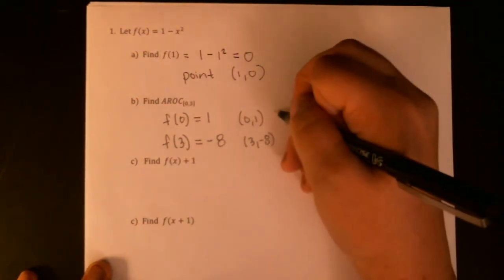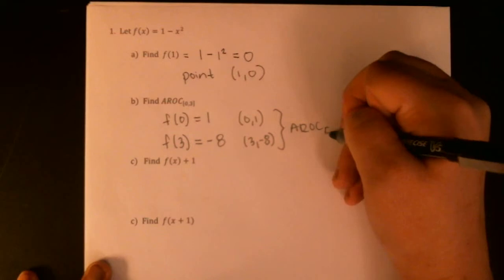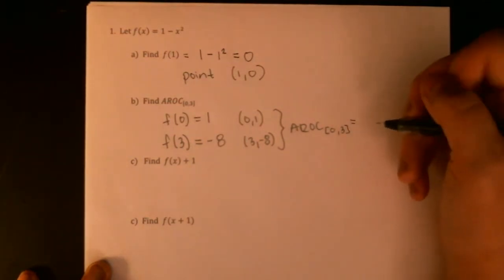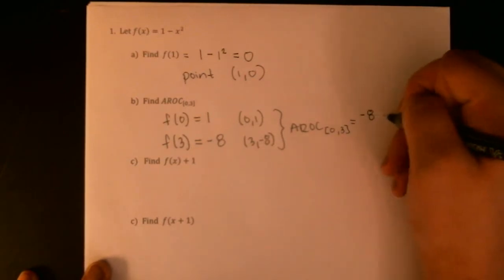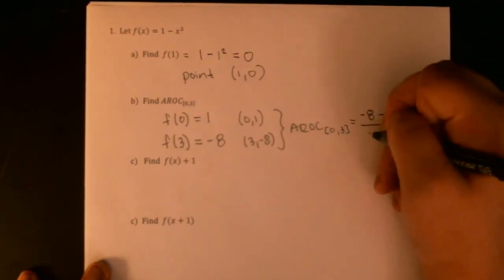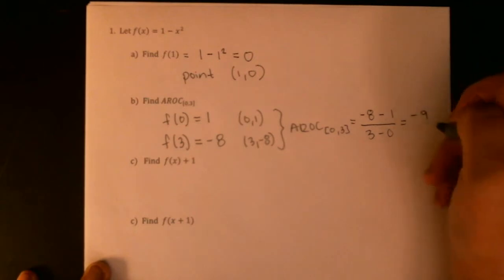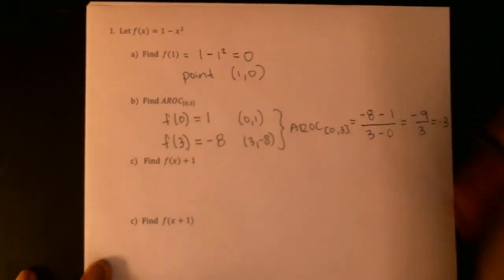If I want to calculate an average rate of change from x equals 0 to x equals 3, I would do a rise over a run. So I would take f of b minus f of a over b minus a, which is giving me negative 9 over 3, which is negative 3.